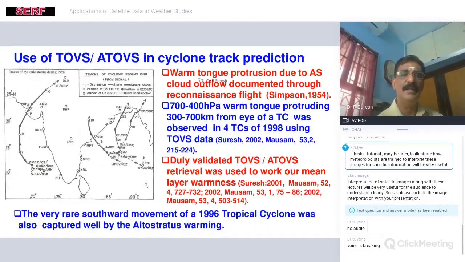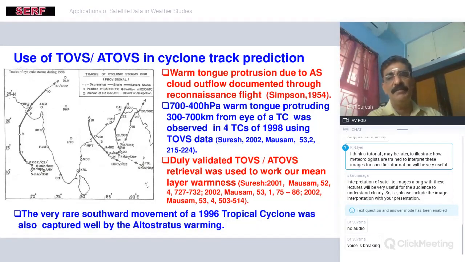For that, the clue I took from Simpson, who did a reconnaissance flight in the US on a hurricane storm. She came to the conclusion that the altostratus cloud, the middle cloud, has an outflow in the mid-troposphere. That was giving us a precursor that the storm would be going in that direction.